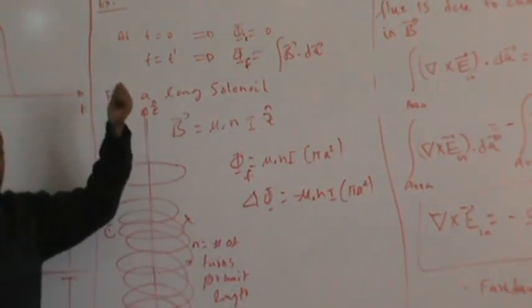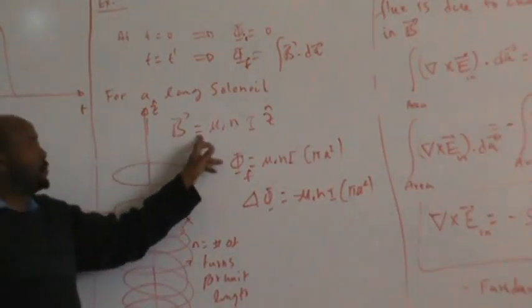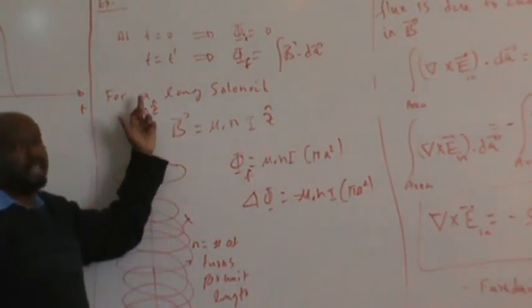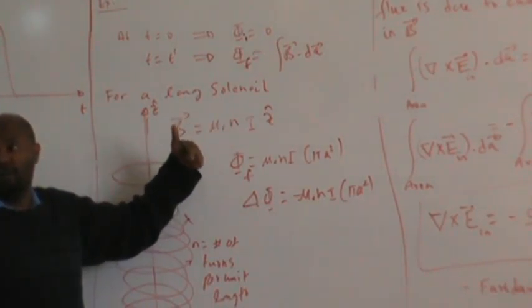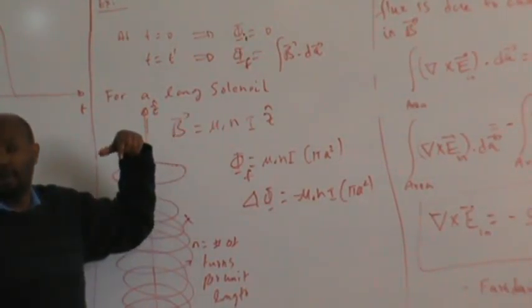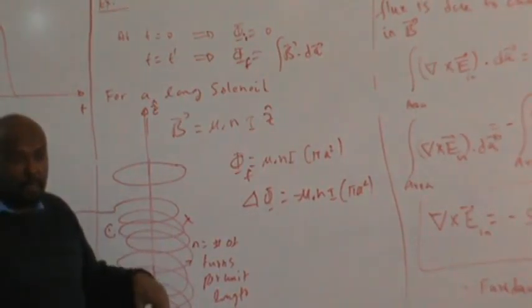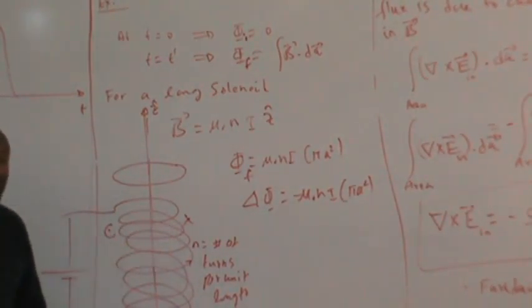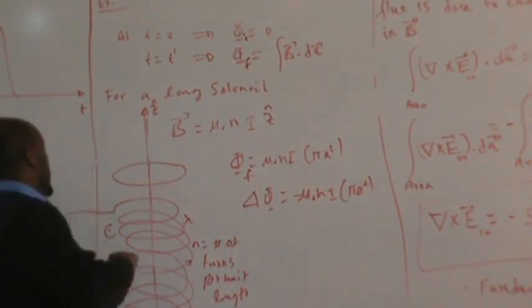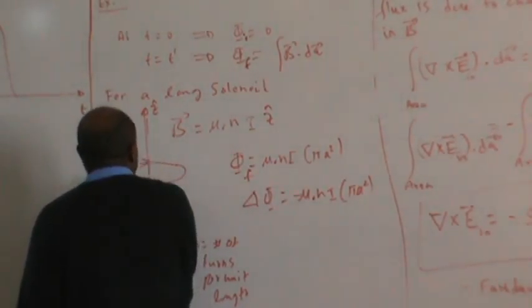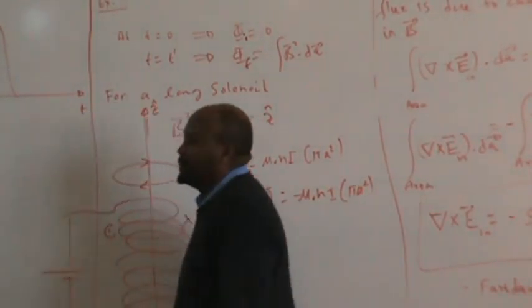The flux jumped, and the direction of the external magnetic field is in the positive z direction. So you need an induced magnetic field that points in the negative z direction, downward. In order to get that kind of induced magnetic field, the current must flow, so you would have a current flowing in that direction.